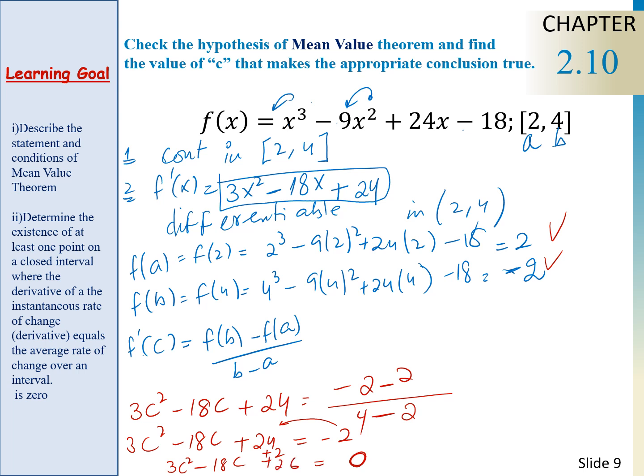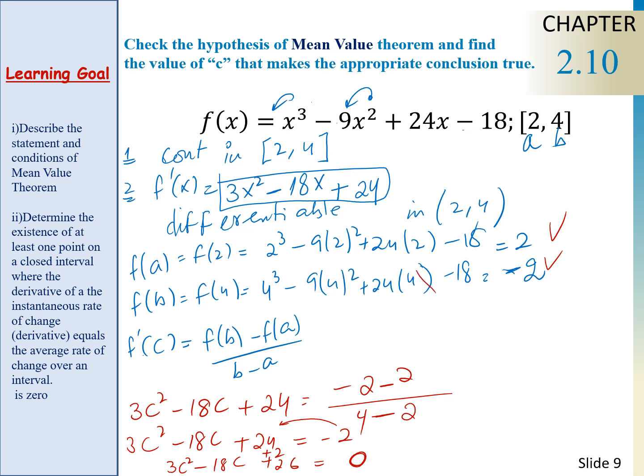Now go to your calculator to factor it in the easiest way. So if you go and write the a, b and c values: a is 3, b is minus 18 and c is 26.